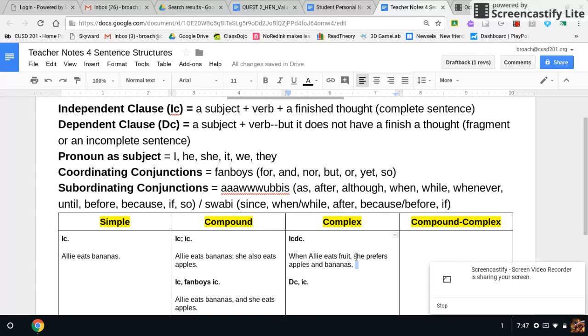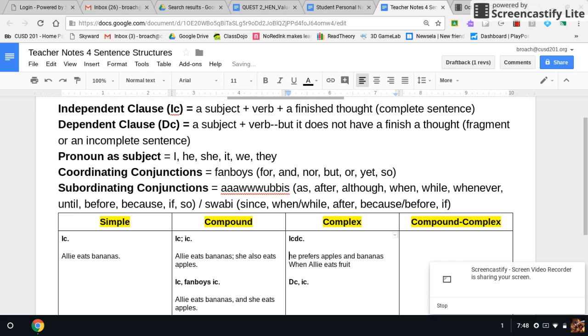So this is the independent clause, and when Allie eats fruit is the dependent clause. Now, I can take this and move it around. So let's say if I want to take this dependent clause and put it at the end of the sentence, it would look like this.